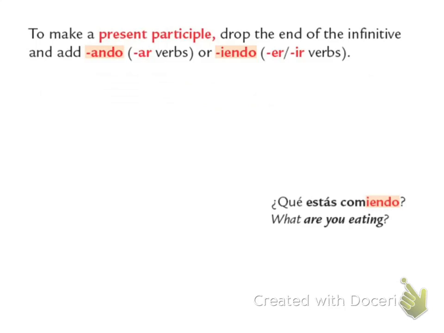And here's your instructions. AR verbs use ando. ER and IR verbs use endo. So you will hear me oftentimes try and refresh your memory by saying, think about ondos and endos. Ondos, endos.